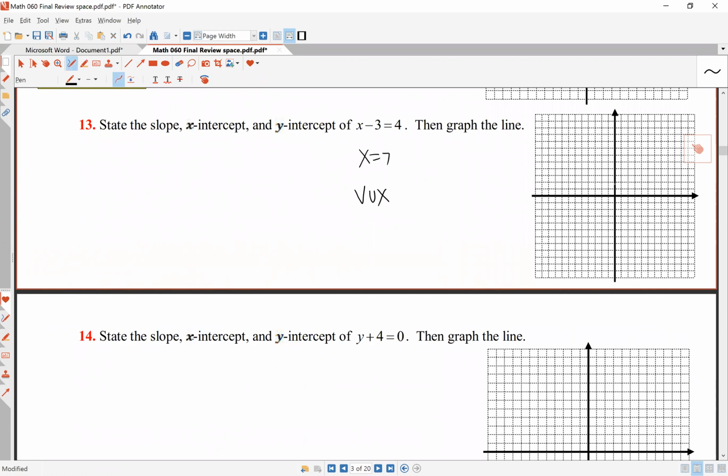If you go to the first spot where you see x is 7, 1, 2, 3, 4, 5, 6, 7, all of these points up and down from there are going to be where x is 7. So we have this vertical line through x equals 7. It's not going to have a y-intercept, but the x-intercept is going to be (7, 0).